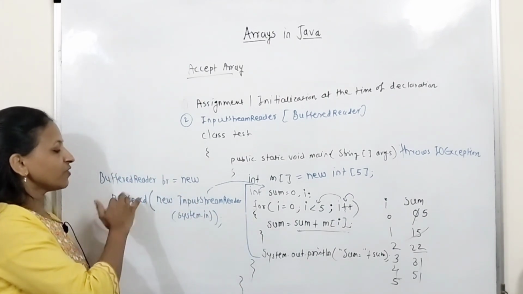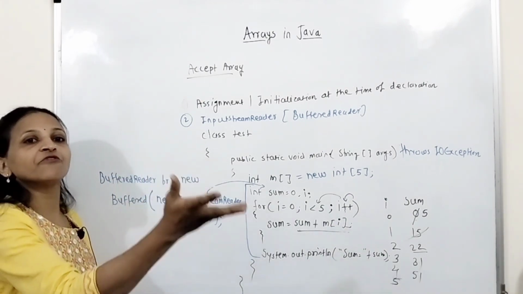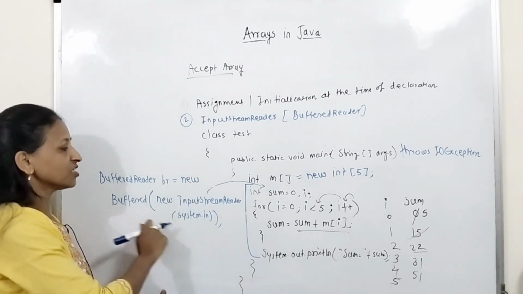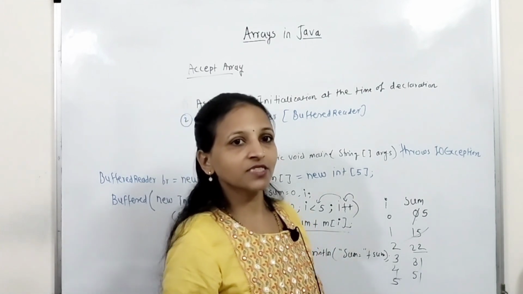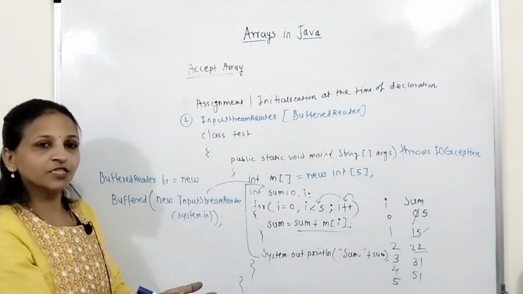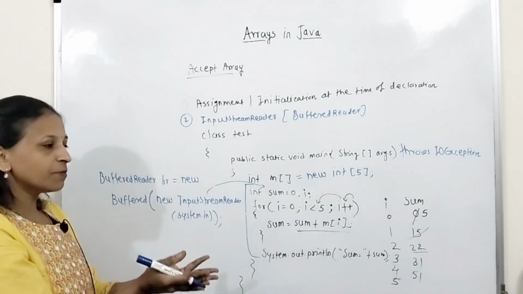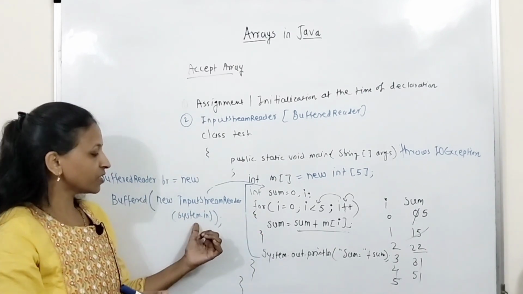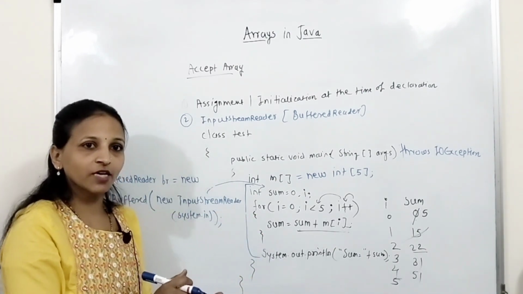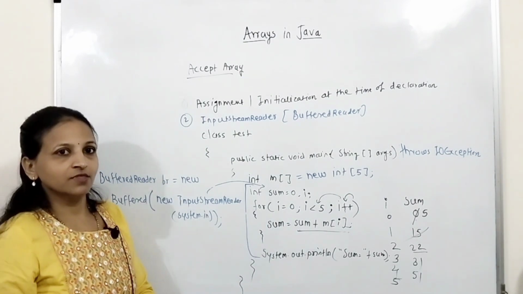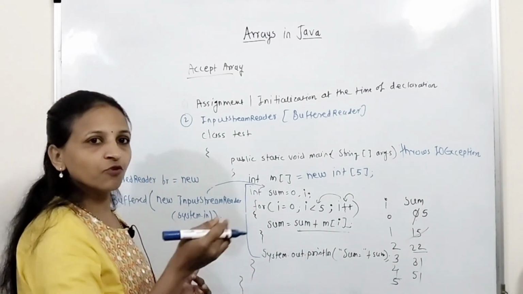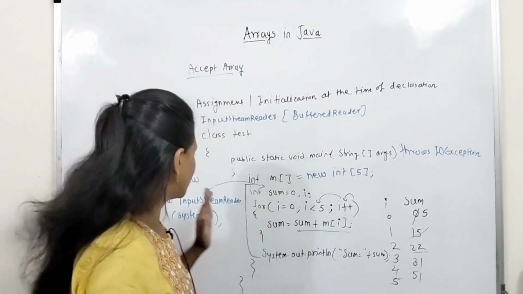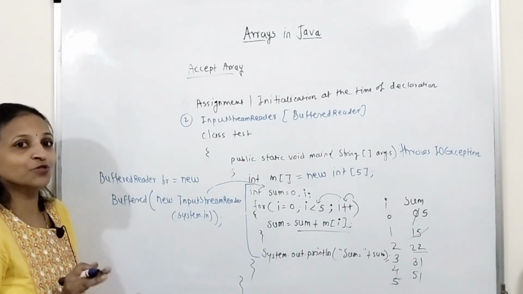Then that will be passed inside a buffer. You are just creating one buffer object, and inside that buffer there is the input accepted from the keyboard, and that you can read. If you want to read data from the user using BufferedReader, then you have to use this statement.